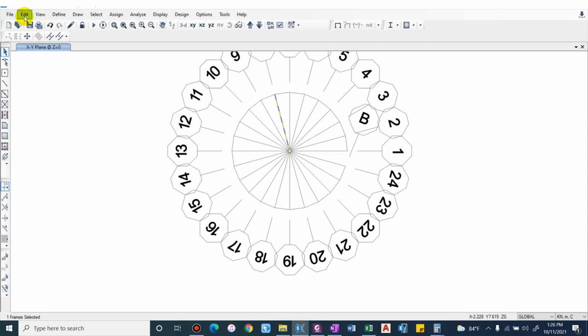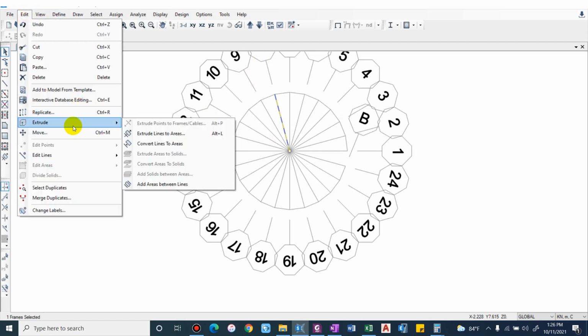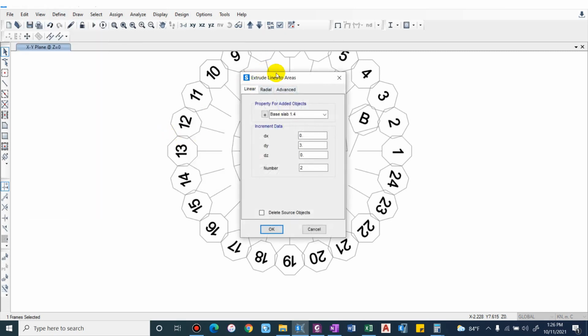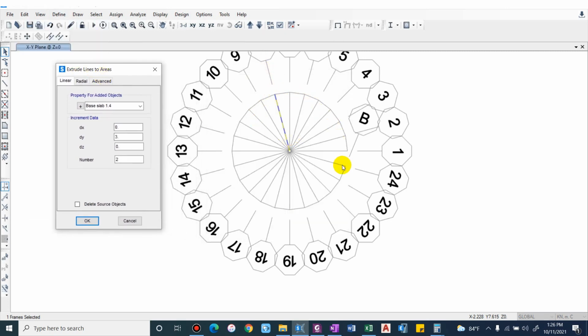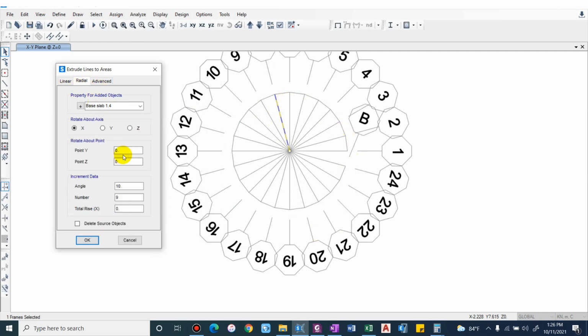Now edit, go to extrude lines to area, and we are going to extrude this or convert this into area in a circular way. Go to radial, put this as Z, and we are going to extrude this into a slab. We'll select base slab, that is the property that will apply to the slab.